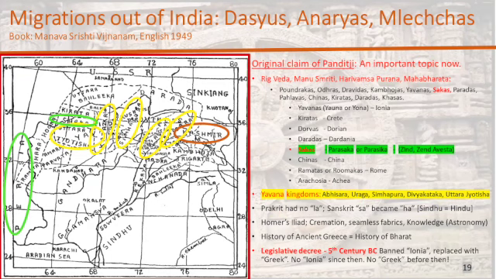Over time, some kings stopped following Vedic rituals, and these people were excommunicated and driven to the borders. In fact, they were driven out of Bharatavarsha. They settled in the northeastern corner, which is near the Sindhu River.